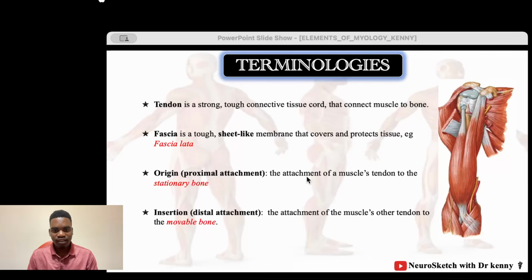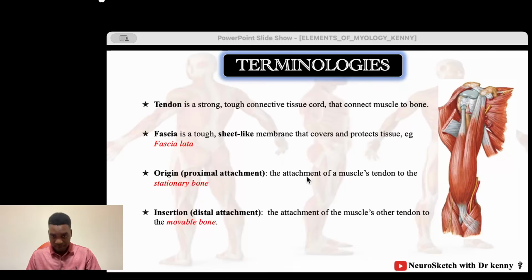These points can also be described as the proximal attachment and the distal attachment. The origin is also known as the proximal attachment, and it attaches to the relatively stationary bone, a bone that does not move or moves slightly in comparison to the insertion.